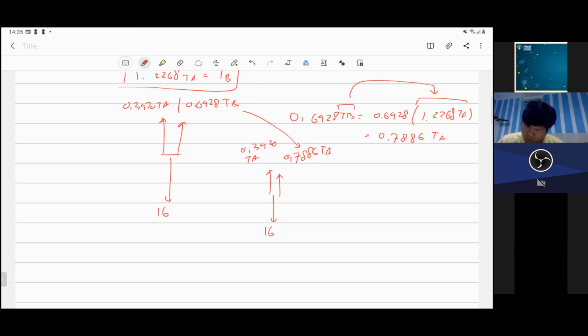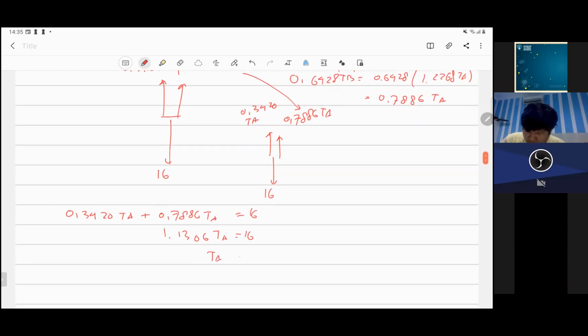Okay, now the total up equals down, right? 0.3420 TA plus 0.7886 TA equals 16. If we total this, 0.3420 plus 0.7886, we have 1.1306 TA equals 16.